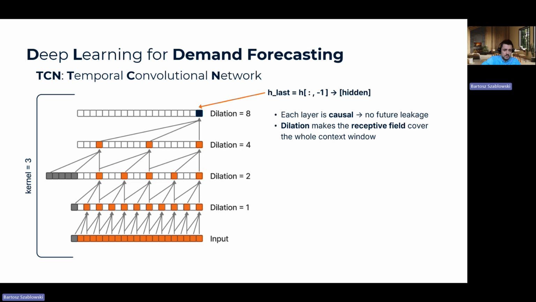And as I said, the final timestamp of the representation already contains information from the whole context, so I simply take the last value, and this last value is a compact summary of the history, and it becomes the output from the TCN.